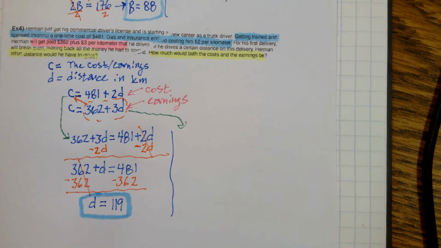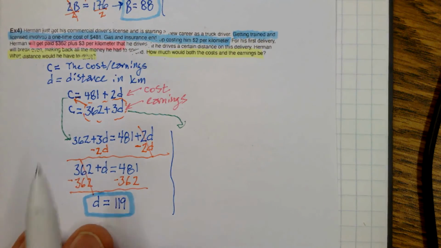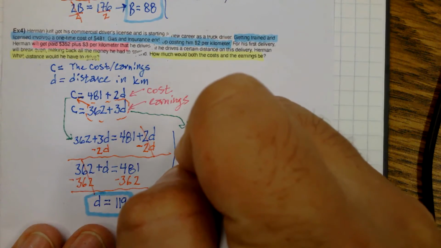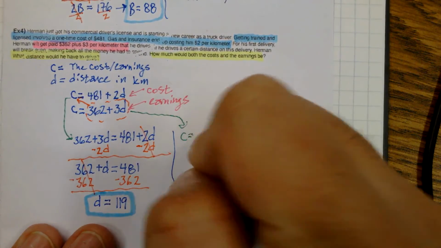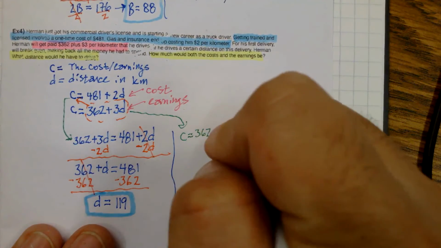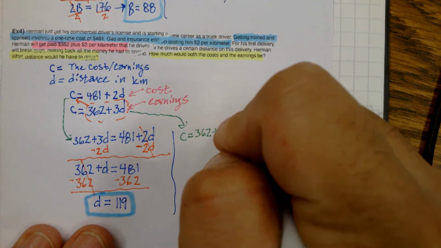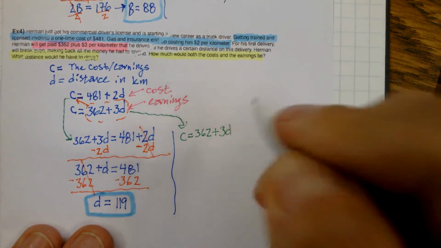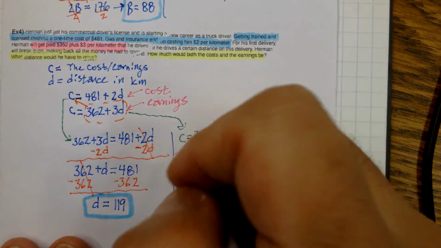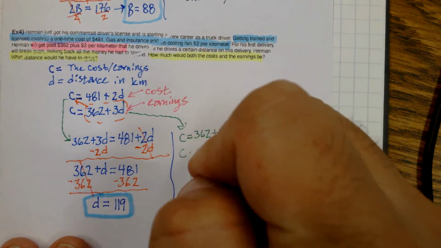So basically, take this equation C equals 362 plus 3D, and we're going to replace 3 times D with 3 times 119. So let's do it.